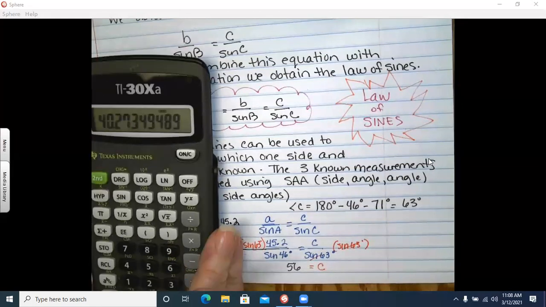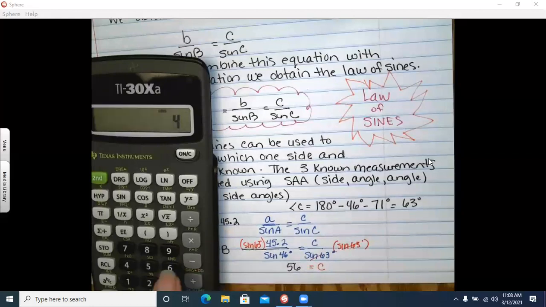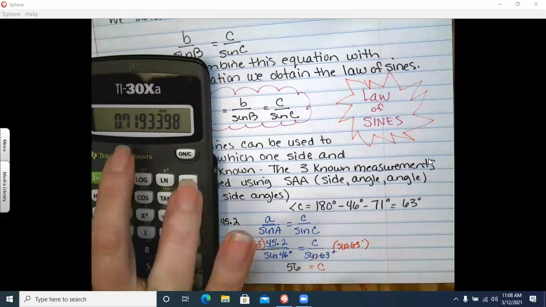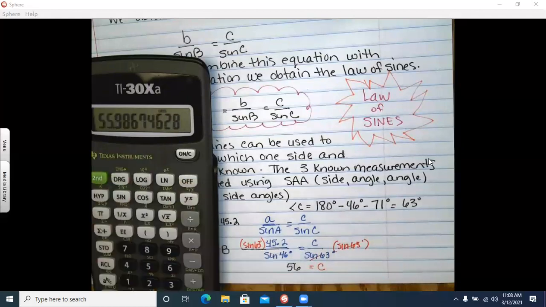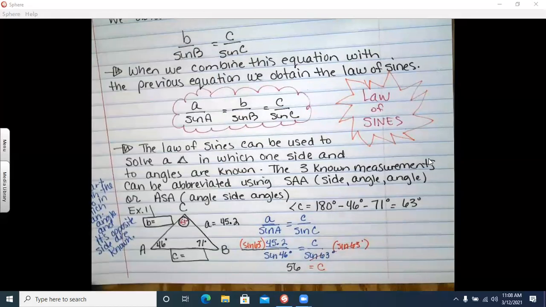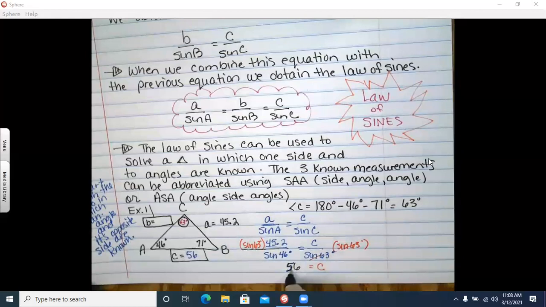Divided by sine of 46 degrees, and then you have to push the equal sign to get 56. Coolio. So c is 56. That wasn't too bad, was it? It was not so bad.